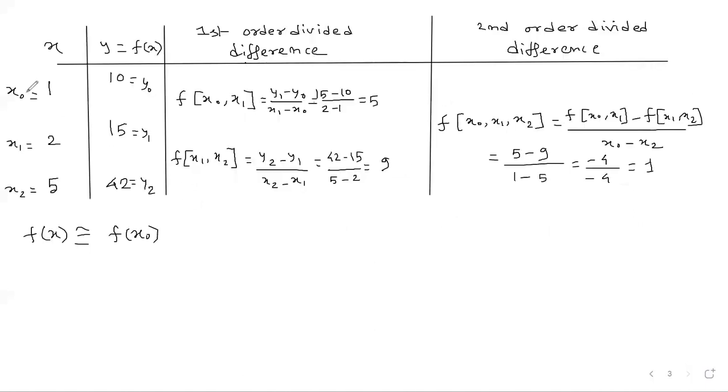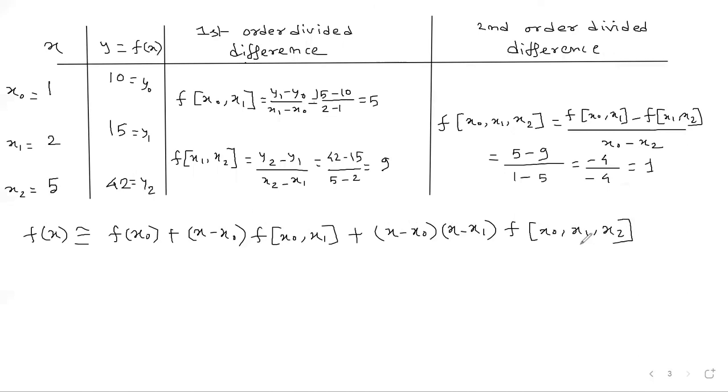Here we have 3 data points. So we can write this as x minus x0 into f of x0, x1 plus x minus x0 times x minus x1 into f of x0, x1, x2. So this is the polynomial that we can fit to this data set using Newton's divided difference interpolation technique.